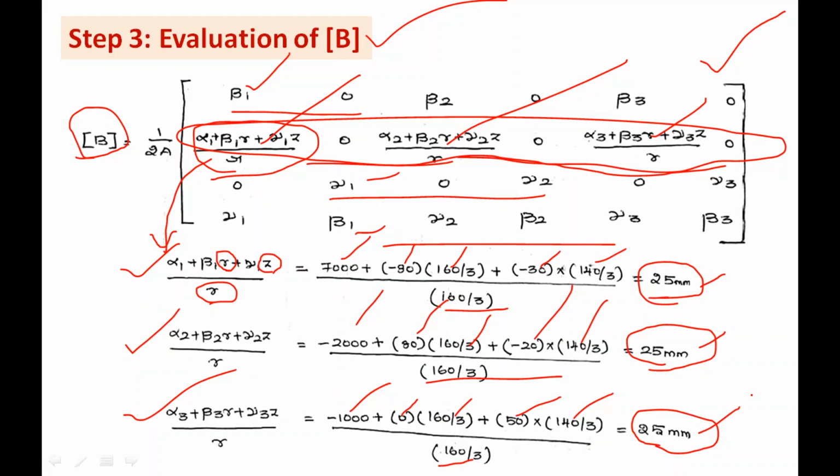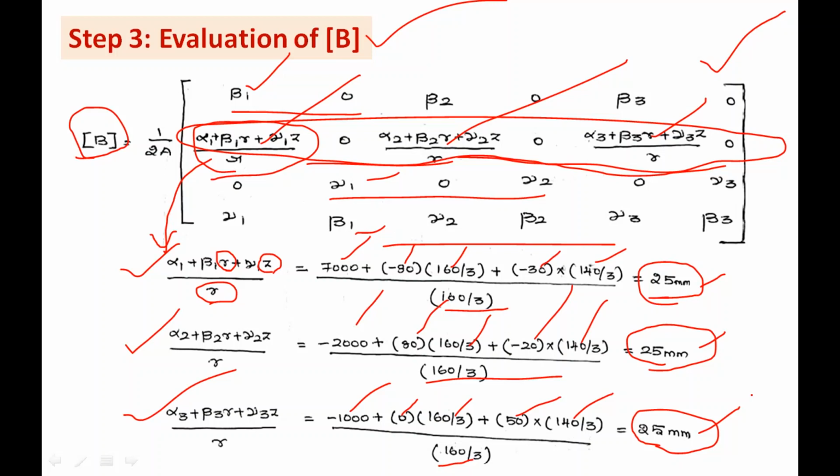Why are we getting like this? Because the second row is for the circumferential strain, which is defined as constant. Already we derived in the last part, epsilon theta is simply u by r, which is a constant. So the circumferential strain will be constant at all the points.